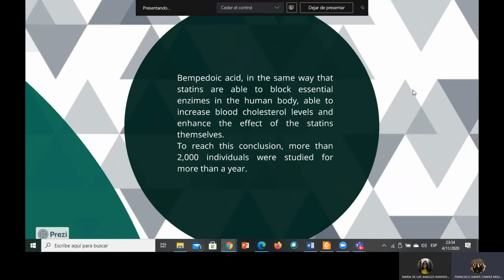Bempedoic acid, in the same way that statins are able to block essential enzymes in the human body, is able to lower blood cholesterol levels and enhance the effects of the statins themselves. To reach this conclusion, more than 2,000 individuals were studied for more than a year.